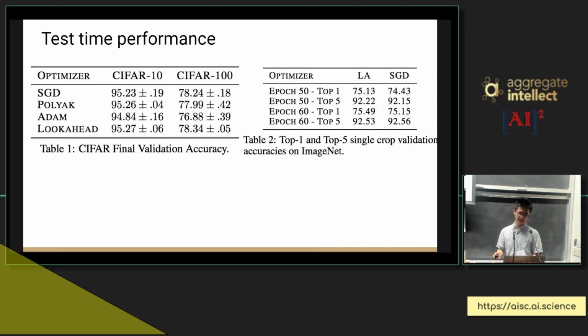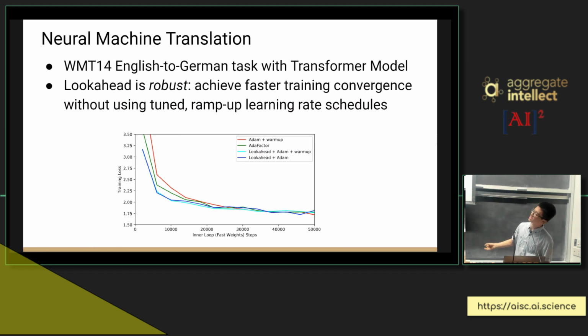And we can see that not only do you get faster convergence, but typically generalization tends to improve a bit as well. So Lookahead generalizes pretty well on both image data sets. On neural machine translation with the transformer models, we also see slightly faster convergence. The final performance is more or less the same. But this highlights that you can also use Adam as an inner loop optimizer and you still get really good performance.